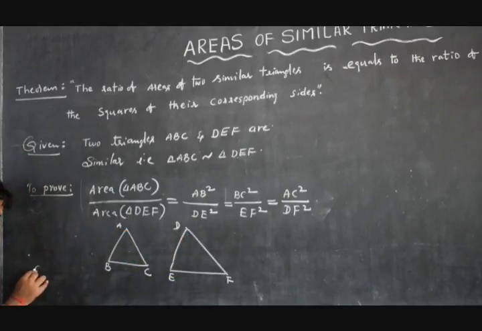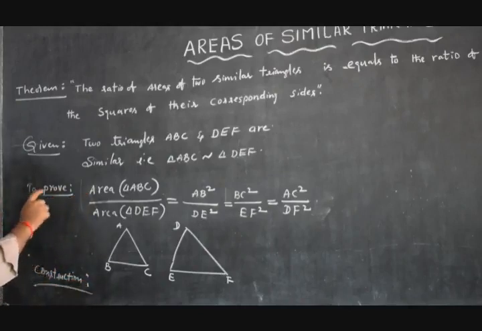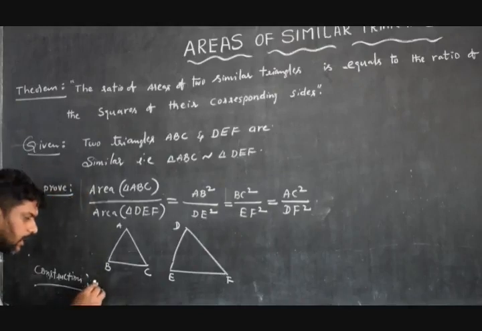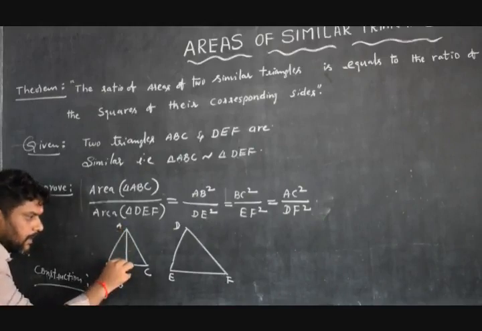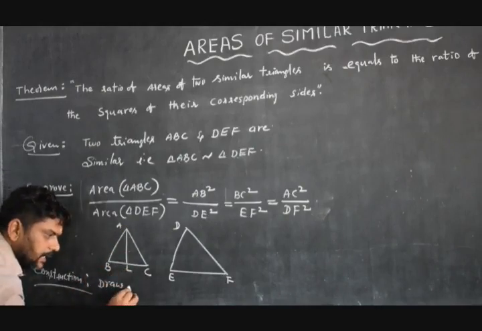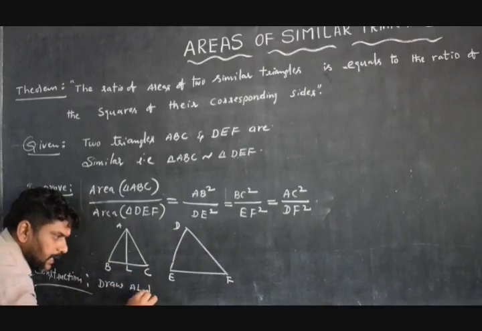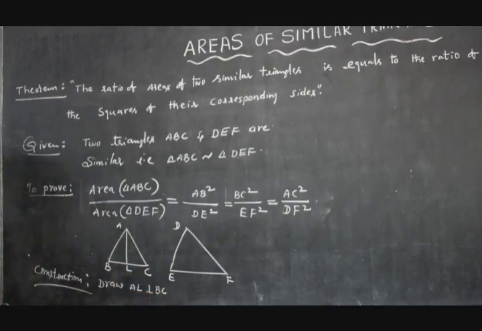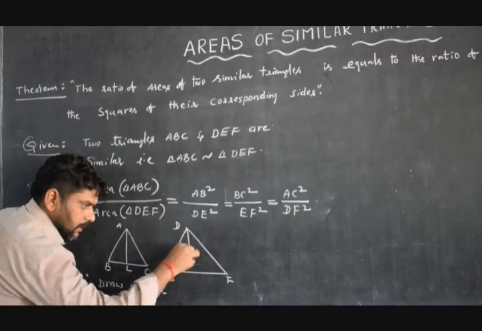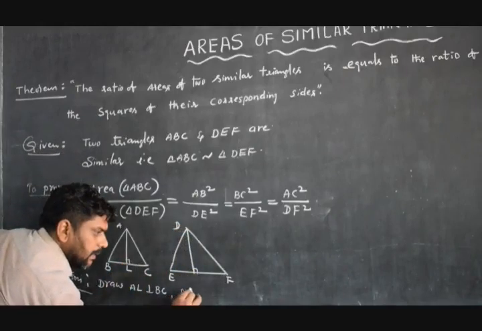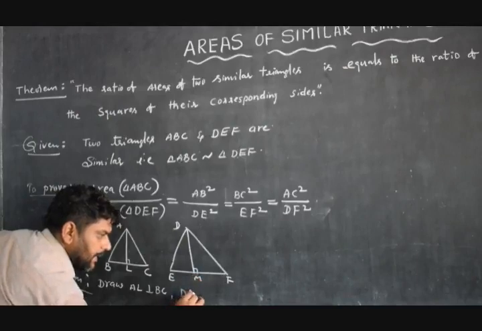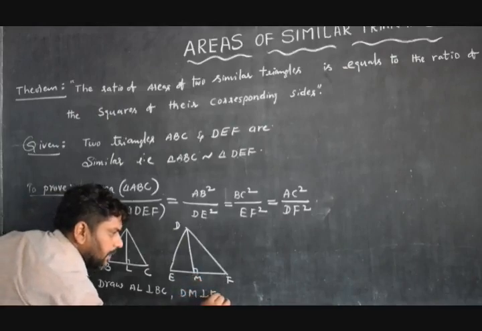Construction: to prove this, we have to draw AL perpendicular to BC, and draw DM perpendicular to EF.